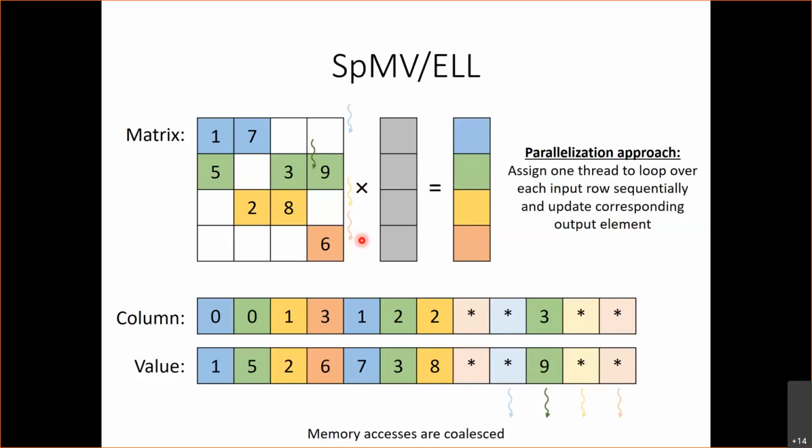But in CSR, for the initial iterations, the threads are more likely to have non-zeros, and for the last iterations, the threads are more likely to have completed going through the non-zeros in their list. So we haven't really changed anything about that. Every thread is still doing the same amount of work that it was doing when we were using CSR, which is looping through all the non-zeros in the row that it owns. Is that clear? Yes, thank you.